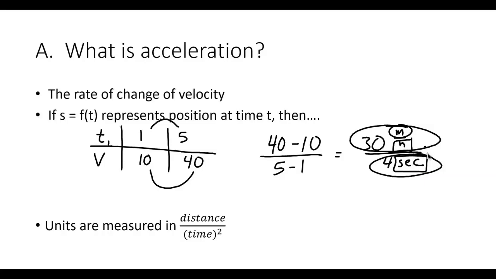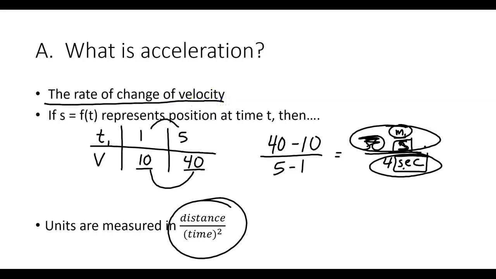But usually what they're going to do is they're going to have the units of time match. So in which case, if I wanted to change this from being miles per hour into miles per second, let's say, that would change the number on the top, but I'd have miles per second. And so you end up with the time factor being squared because you have 2 time factors whenever you have acceleration. And so that's what acceleration is. It's the rate of change, or how fast your velocity is changing.